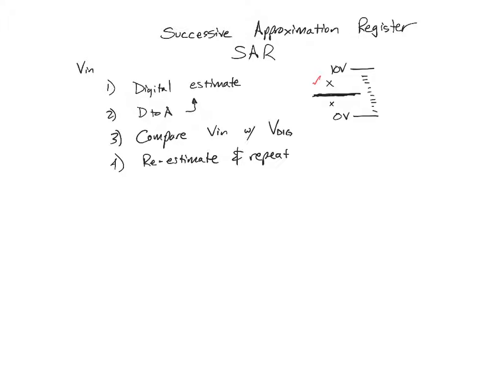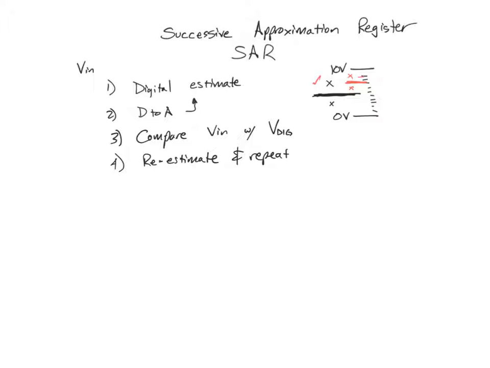Then the next estimate is going to be somewhere in here, and I'm going to find out, is it higher or lower than that estimate, right? You can see I'm just moving in by factors of 2 closer and closer to wherever the real voltage is. So it's kind of like a sorting algorithm almost. So how are we actually going to build this, okay?